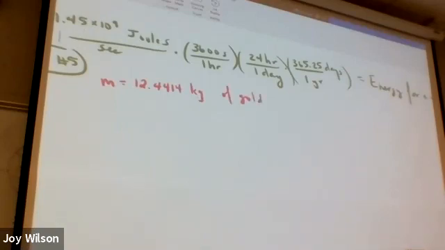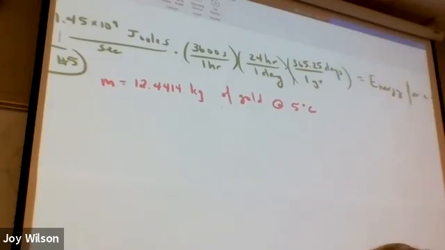And assuming an initial bar temperature at 5 degrees Celsius, each bar will melt if it absorbs 2.5 million joules of energy. Okay. So what do they want us to do?